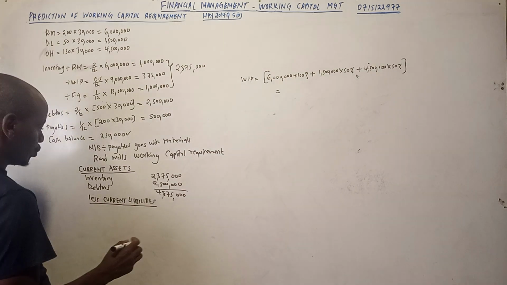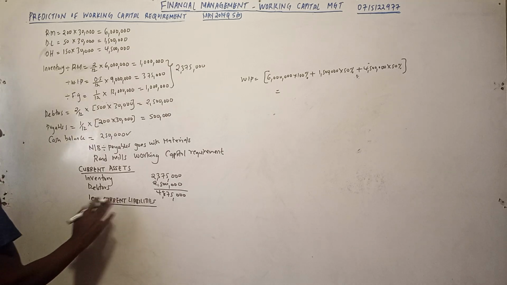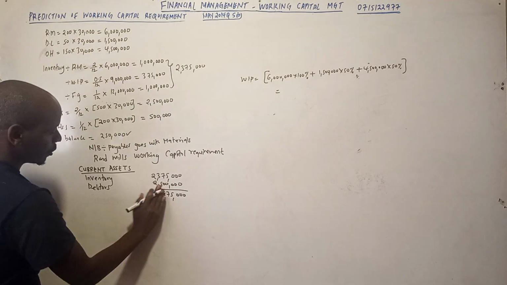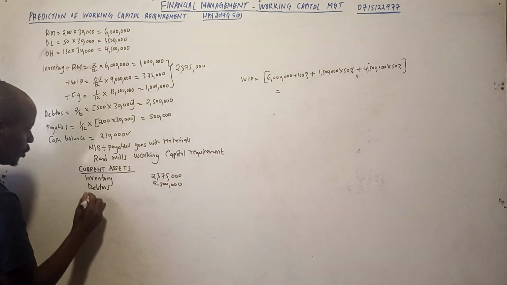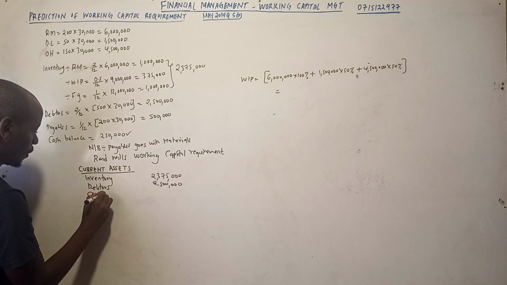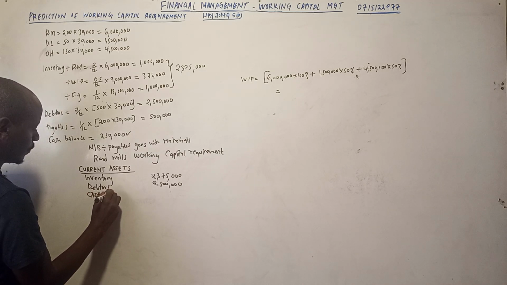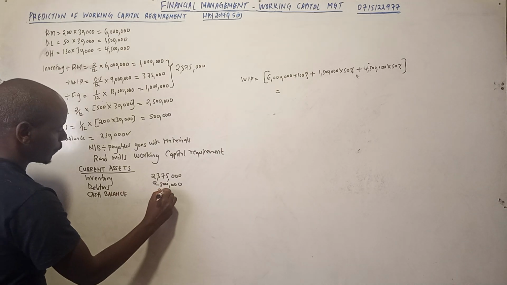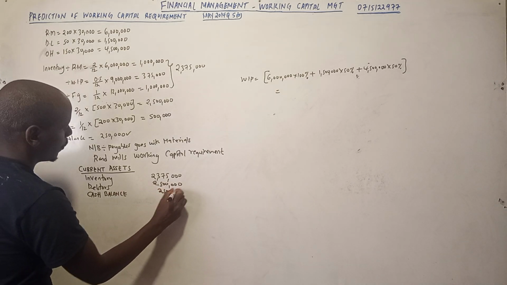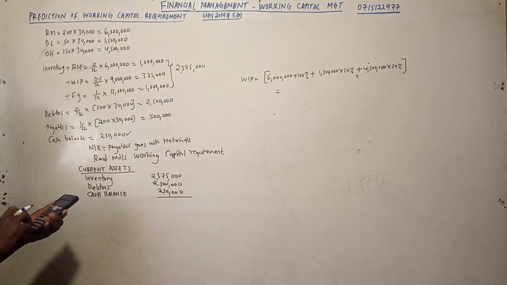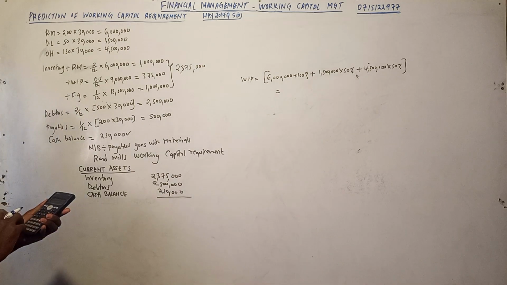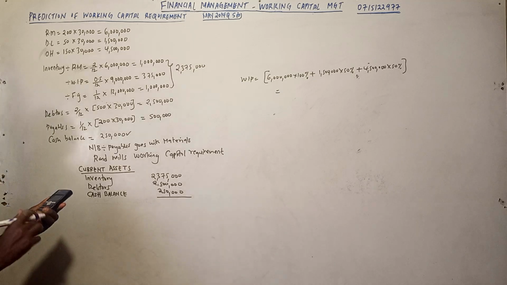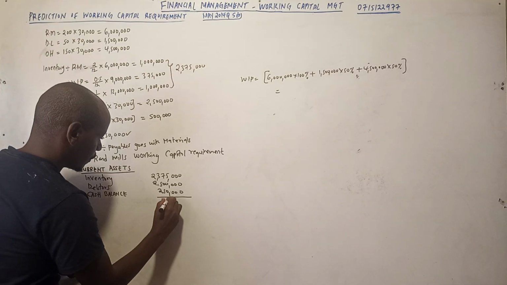Okay, sorry, even before we less the current liabilities, we have cash. We have a cash balance of 250,000. So it will be 2375 plus 2500 plus 250, which is 5125.